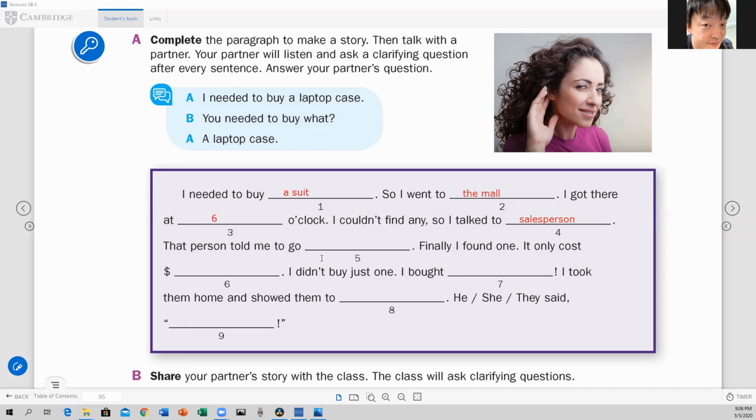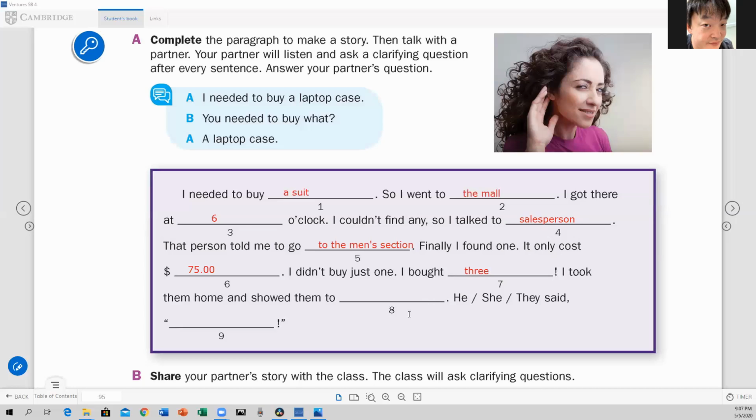The person told me to go to the men's section. Finally, I found one. It only cost $75. I didn't buy just one. I bought 3.